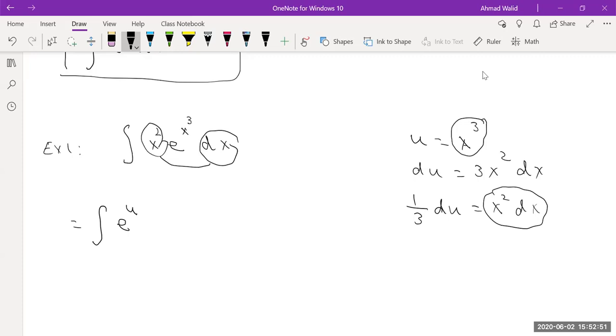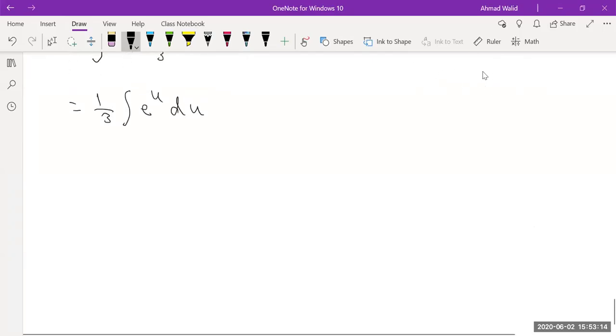I replace x squared and dx with what? 1/3 of du. When you have a constant, you can move your constant outside of the integral, right? Then you can write 1/3 integral of e to the u du. And now everyone knows what is the integral of e to the u.